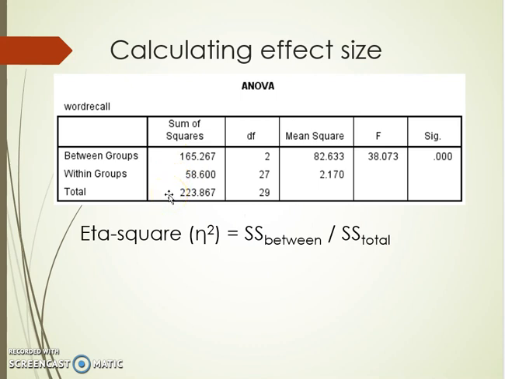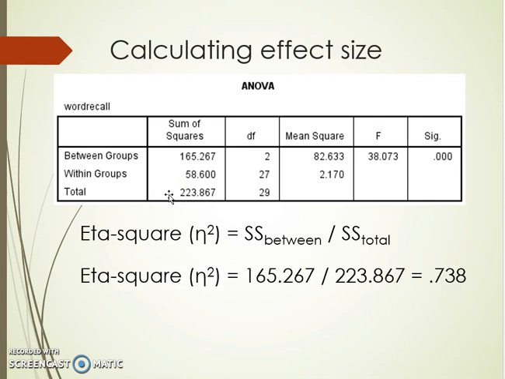So eta squared tells us something about the relationship between our categorical variable and our outcome dependent variable. So in this particular case, even though it's not provided in this ANOVA table, you would need to go ahead and calculate eta squared by dividing 165 by 223, and that's equal to 0.738.